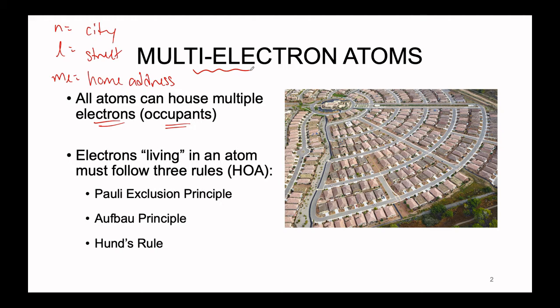Now, the coordination of the electrons inside of the atoms can be understood via the 3 rules listed down below that we are going to discuss: the Pauli exclusion principle, the Aufbau principle, and Hund's rule. In the greater scheme of our analogy, we can think of these 3 rules almost like the HOA of the atom, right? The homeowners association.